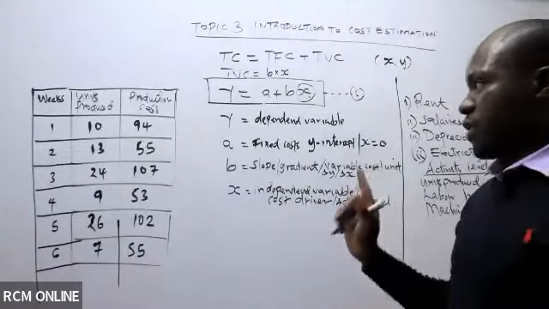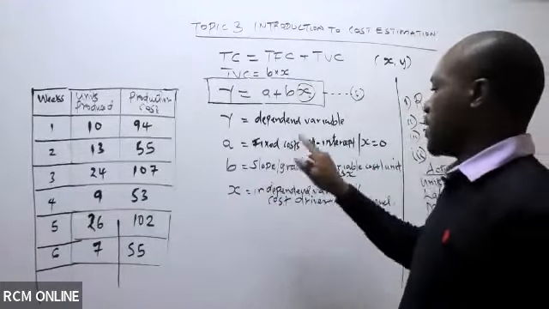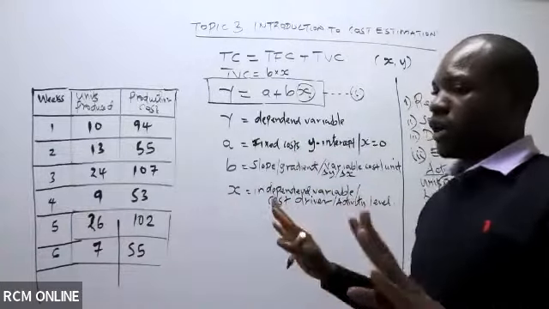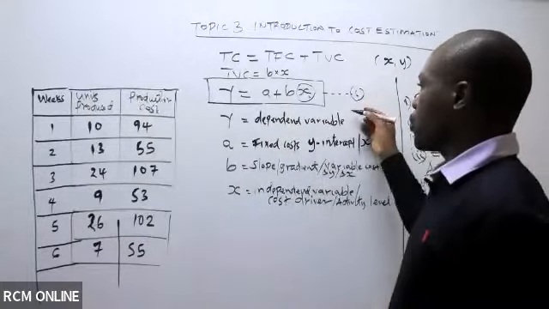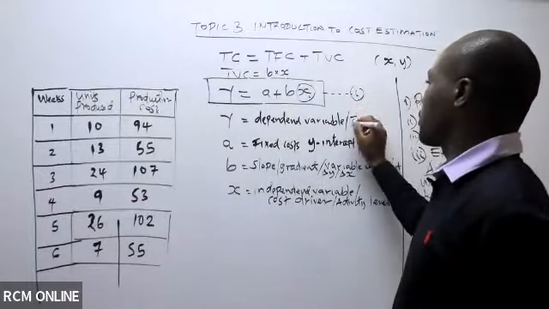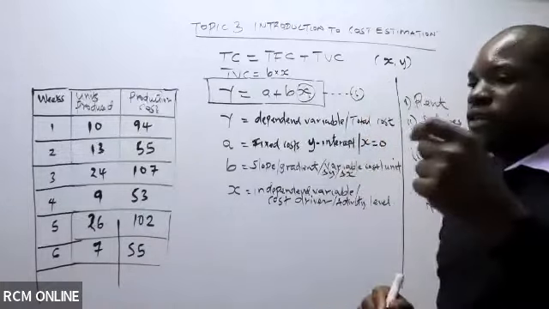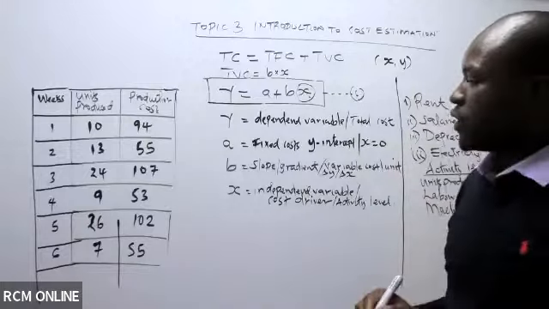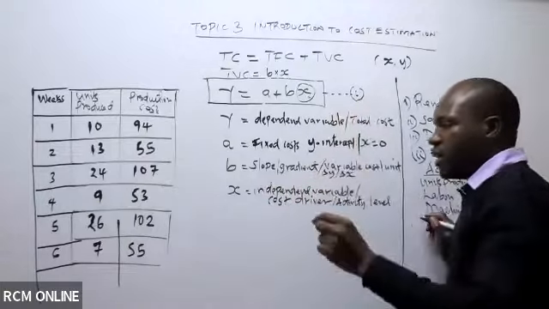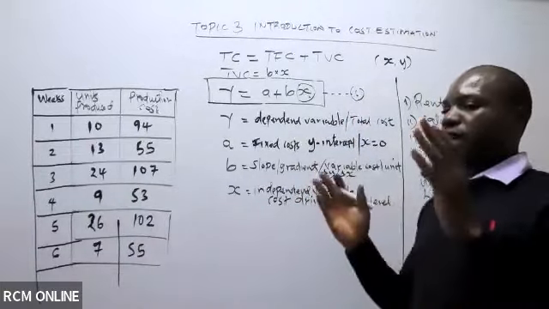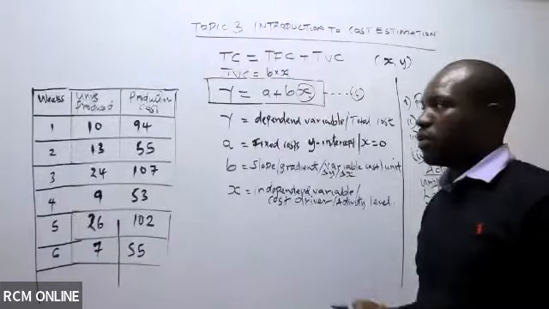Point number one that you should not forget as we move forward. Now that we have been able to see that X is the independent variable, it does not depend on anything, but Y is the dependent variable, or total cost. So because of this first name here, independent variable, anytime we are told to come up with the pairs of the highest and lowest values, we don't go to Y values.